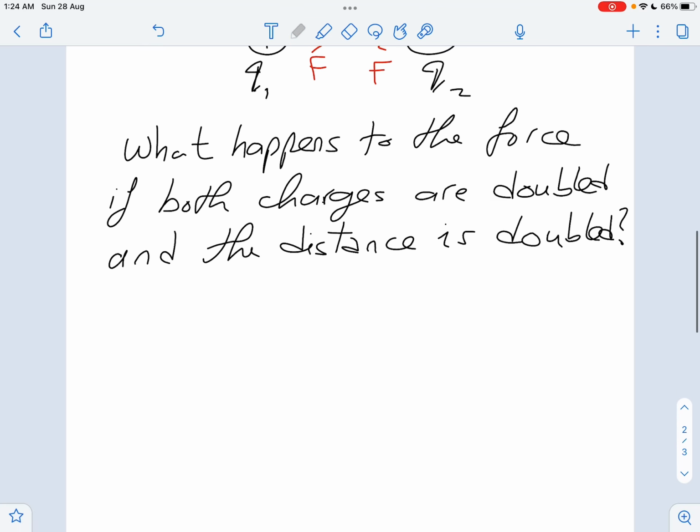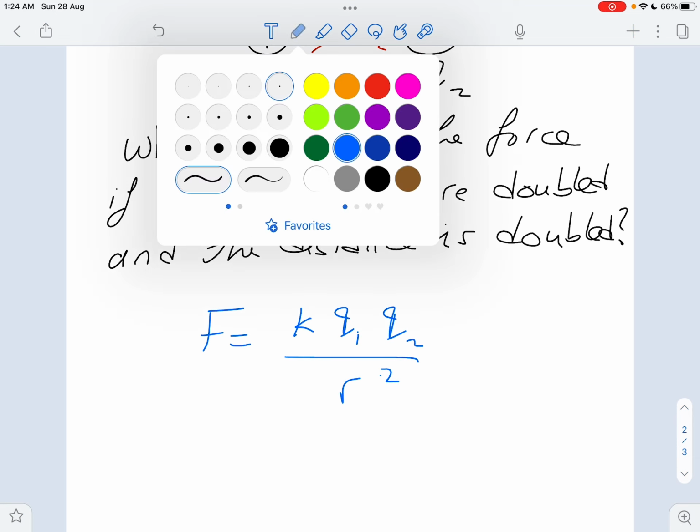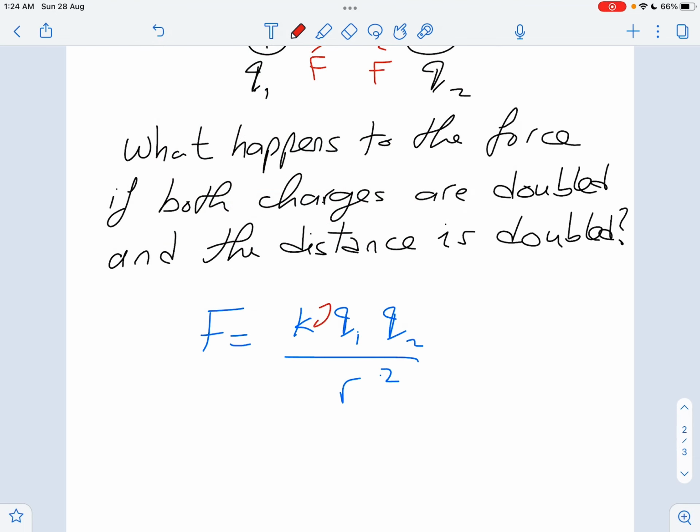Again, this F will be K Q1 Q2 divided by R squared. Now both charges are doubled, so I have to multiply 2 for Q1 and 2 for Q2. And the distance is doubled, so this one becomes 2R squared.